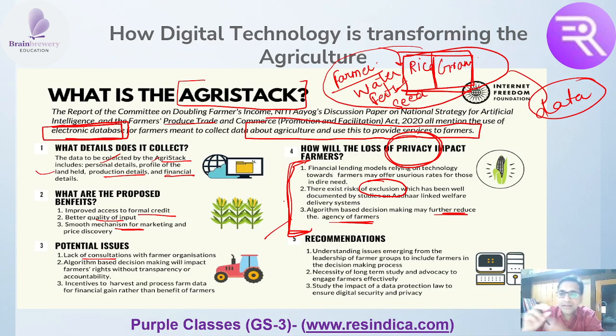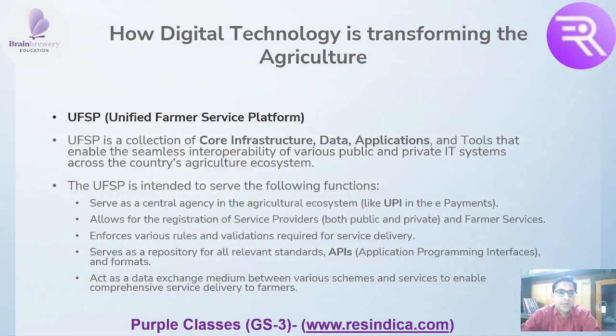When our agriculture becomes properly settled and properly connected to our technologies, then only can we follow this agritech concept. So we have to understand the emerging issues first. Long-term study and impact study are needed for AgriStack to take form, right? Then we have the UFSP, Unified Farmer Service Platform.